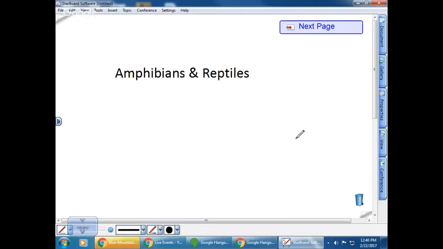Okay, so amphibians and reptiles, remember that amphibians have the ability to breathe across the surface of their skin. So their lungs don't have a lot of surface area.